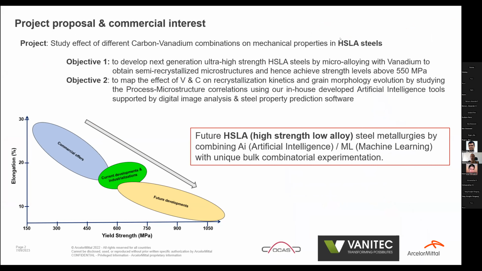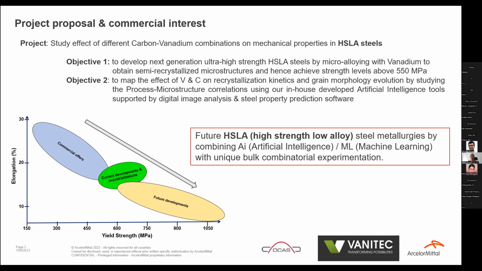This is specifically targeting a higher strength within this steel group, which is currently an ongoing project with different tracks on how to increase the strength. We want to focus on microalloying with vanadium, besides another track in a larger framework where we are also looking at microalloying with other elements.